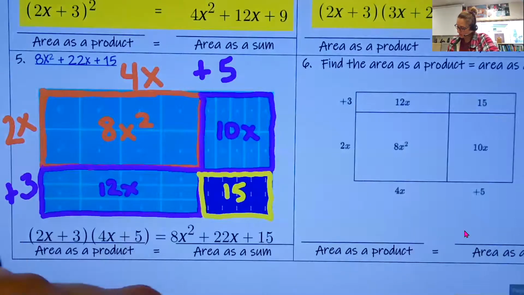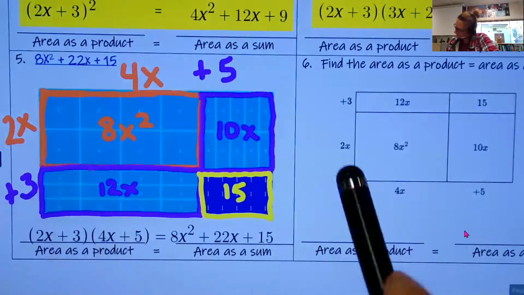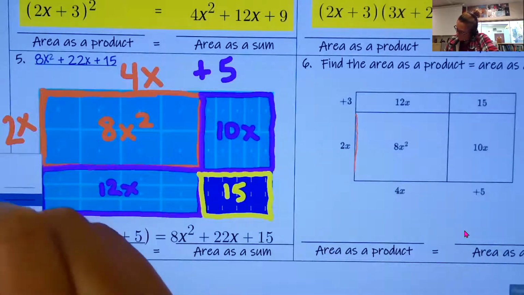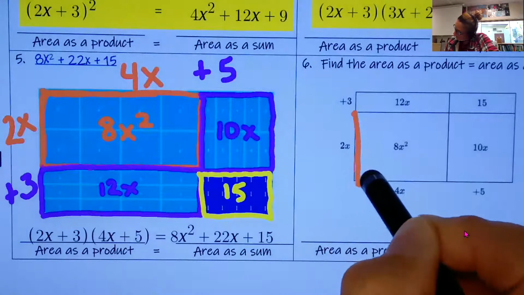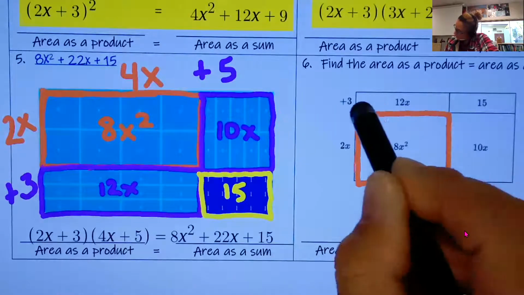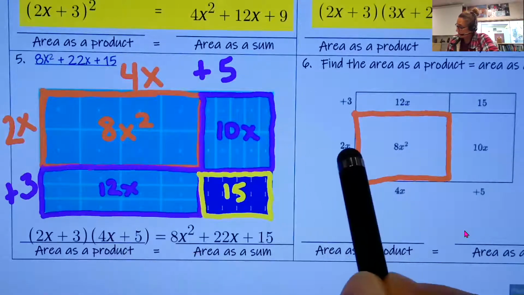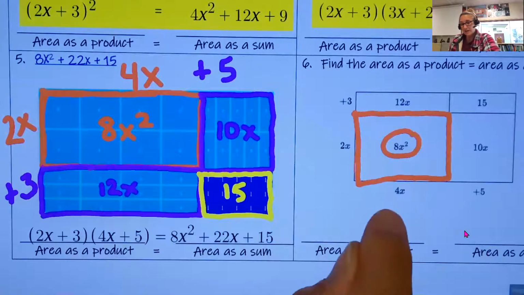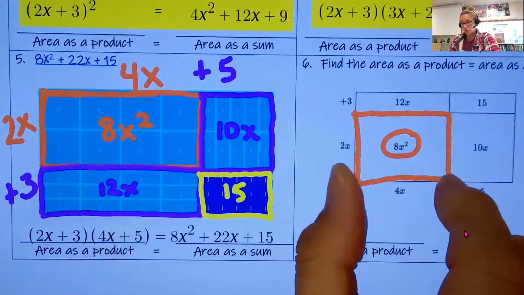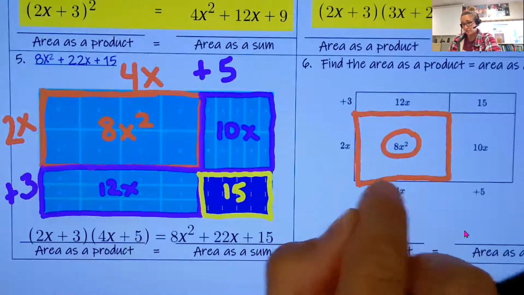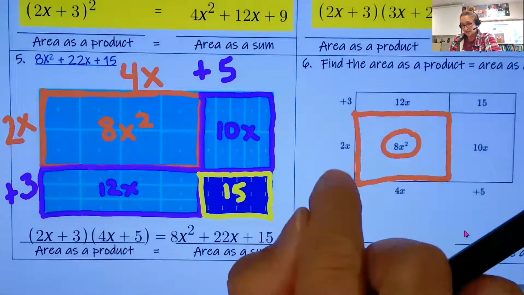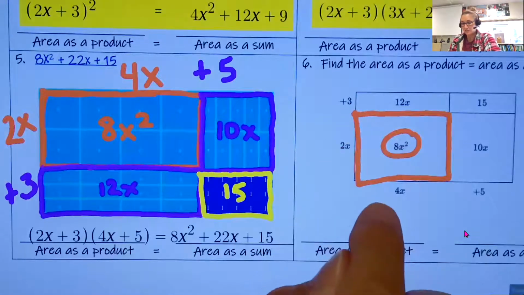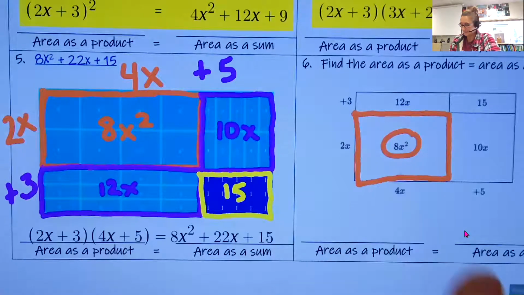You'll also notice, if I grab an orange here, that this right here is 8x squared. How we got that here was we found the area of this rectangle I just drew in orange. This side is 2x, this side is 4x. To find the area, you take 2x times 4x and you get 8x squared.